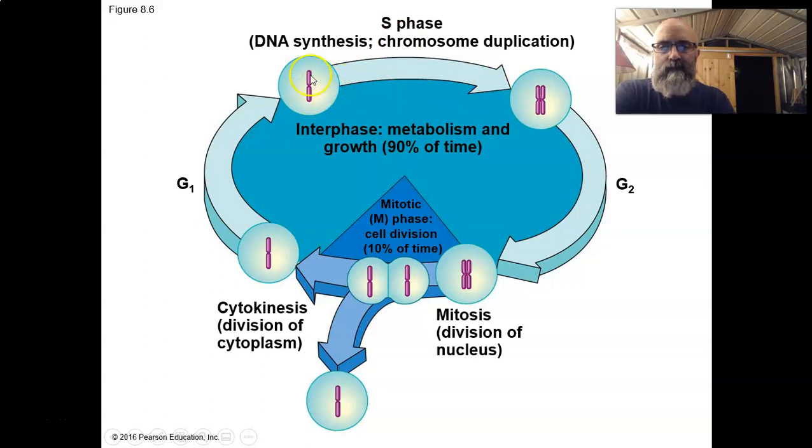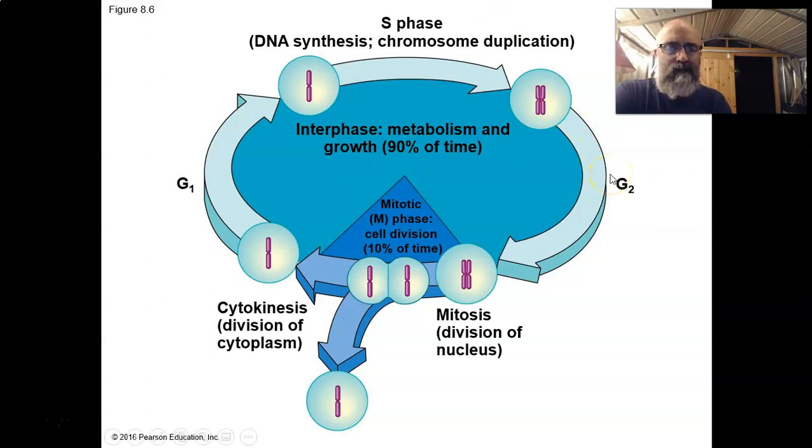Okay, so we see at the beginning of the S phase we have a cell with 1 chromosome. That's a very condensed chromosome. At the end of the S phase, we have 2 copies of that same 1 chromosome. 1 copy, 2 copies. Okay.